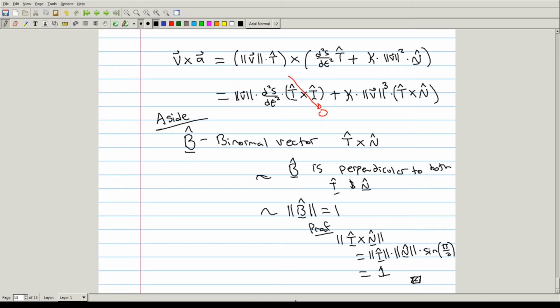But getting back to what we were doing before, we now have a simplification.